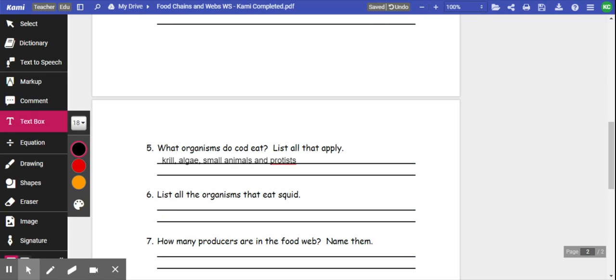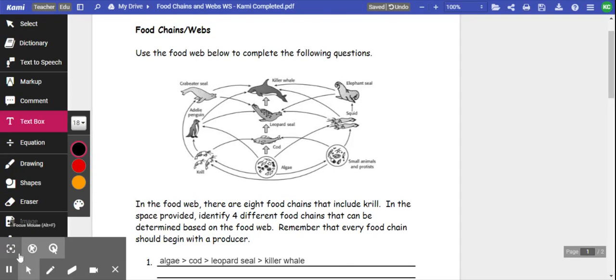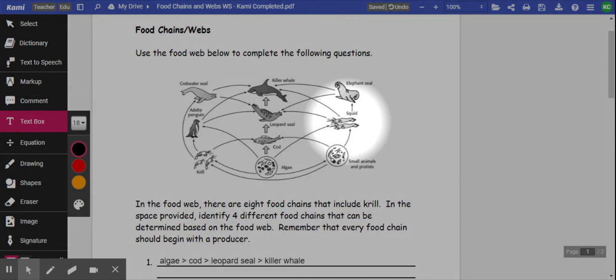Number 6 lists all the organisms that eat squid. All that eat squid. So here's squid. So if it eats the squid, that means the energy is moving from the squid to another organism. So the arrows are pointing away from the squid. So we have the elephant seal, we have the killer whale, we have the leopard seal. That's it.